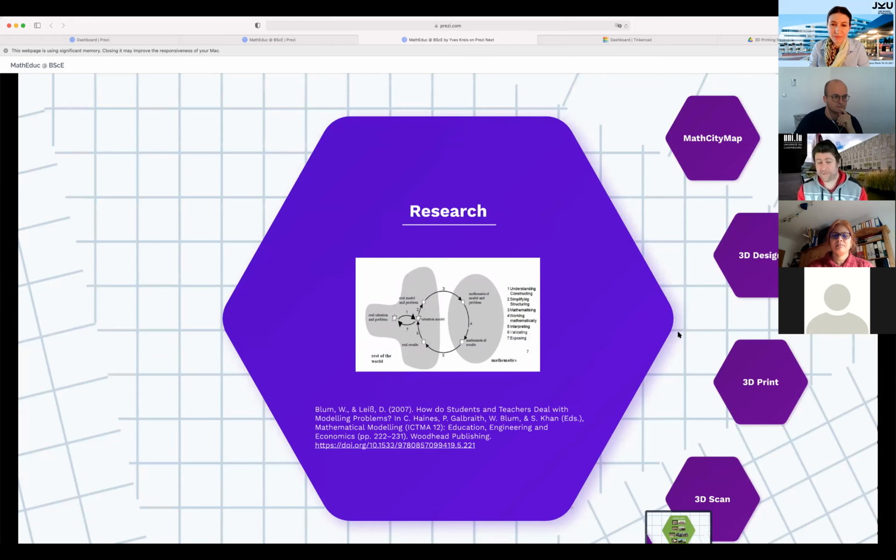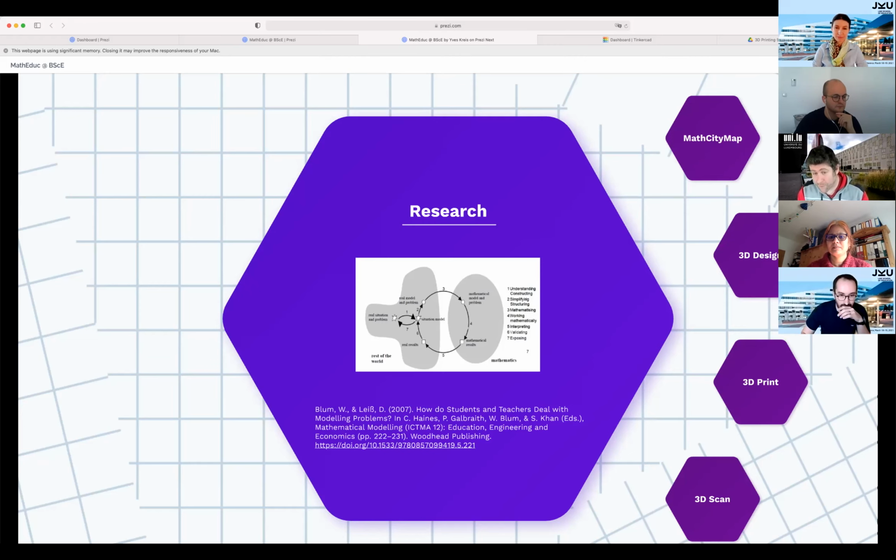So we are always trying to embed all our problems, all our situations in the real world, start from there. And of course, we need to get to mathematics first, solve it there, and go back to the situation and to the real world. Of course, this can be extended to STEAM education. The modeling process is similar.